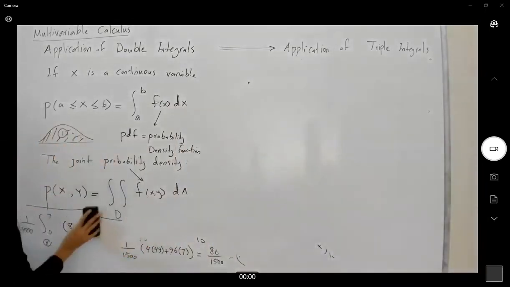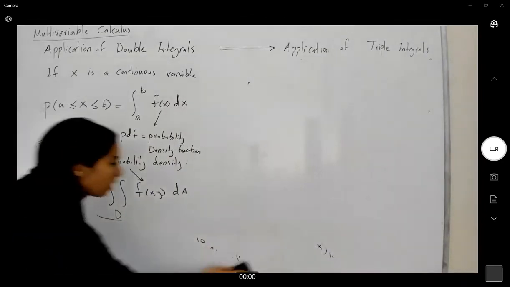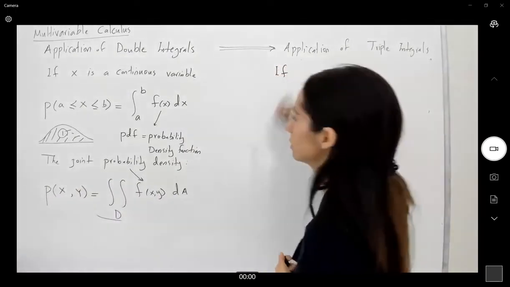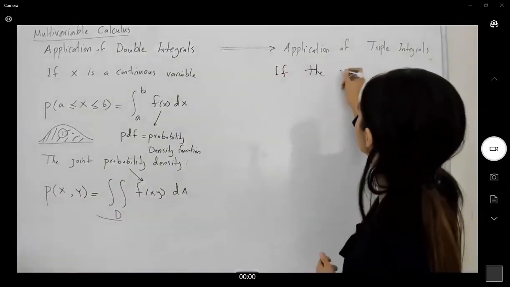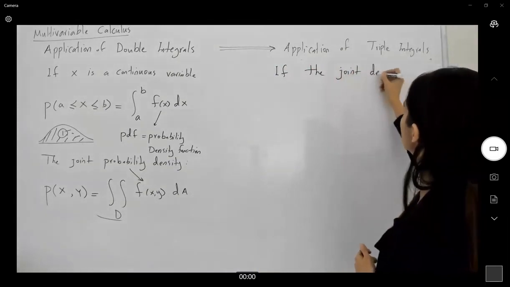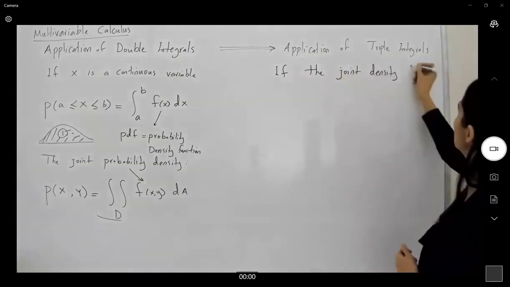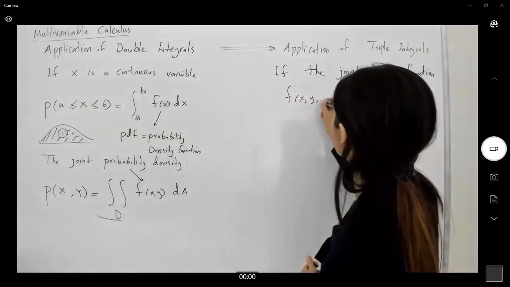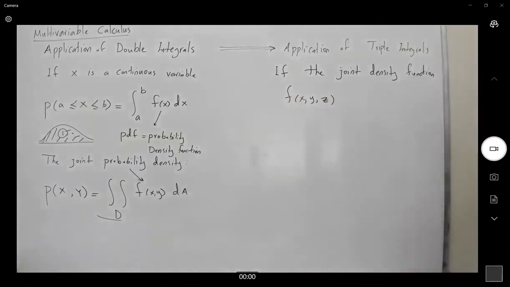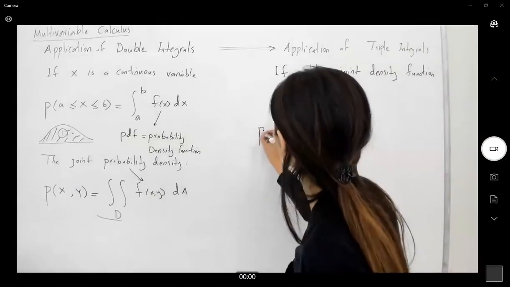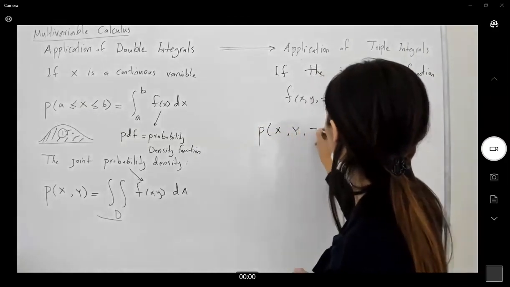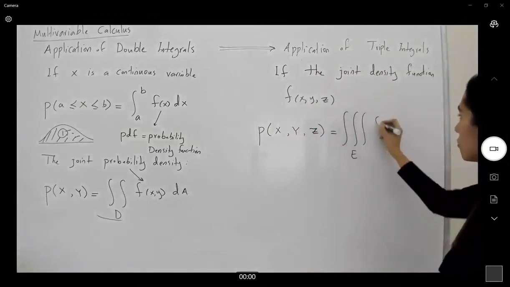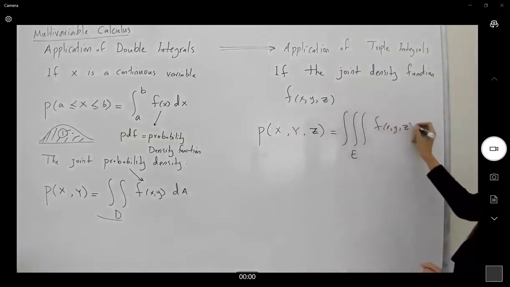If your joint density function depends on 3 variables, so if the joint density function is f of x, y, and z, then we can find the probability of x, y, and z as the triple integral over region E of your function f of x, y, z, dV.